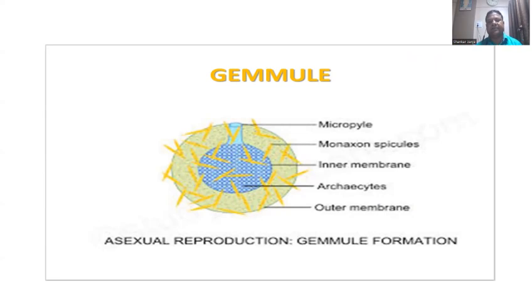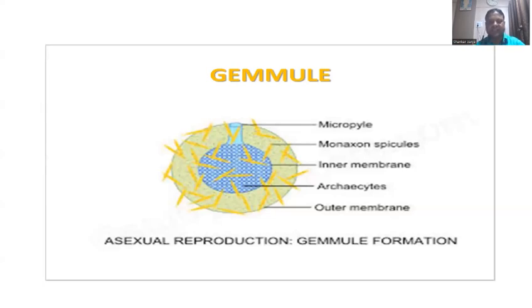Amoebocytes secrete a sticky, mucilaginous substance and prepare a coating around the archaeocytes. The entire structure is made up of an outer membrane and inner membrane, with centrally placed archaeocytes surrounded by many amoebocytes. A small pipe-like opening is called the micropyle.